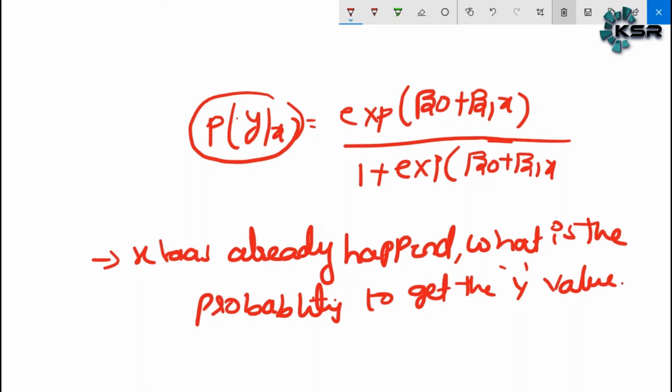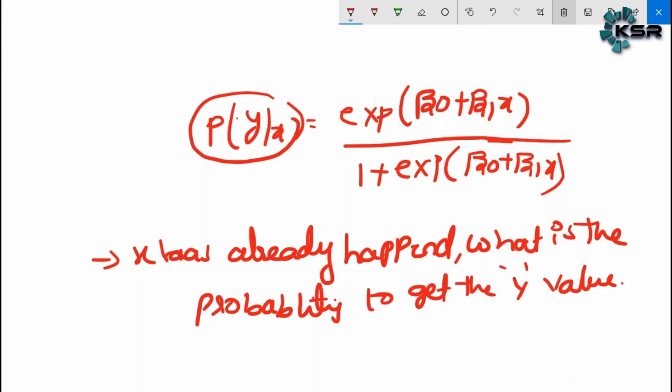So here x means all the independent variables. Based on x, we are finding the probability of the dependent variable. Here exponential means exponential, beta naught and beta 1, and here, okay, let me tell you one more interesting fact.